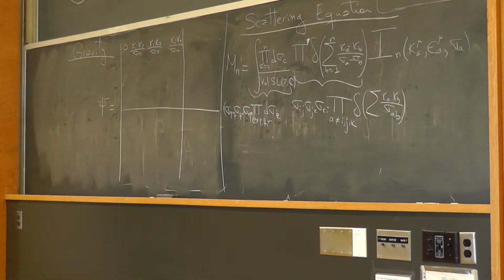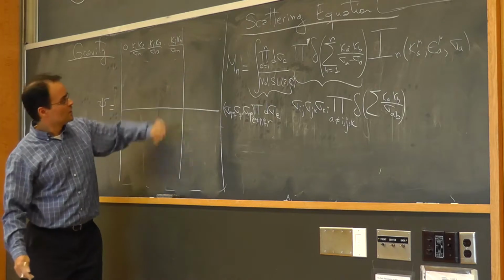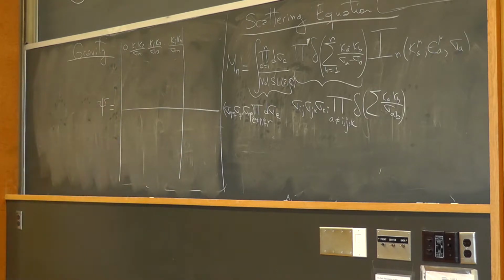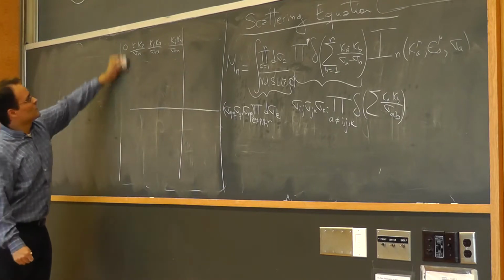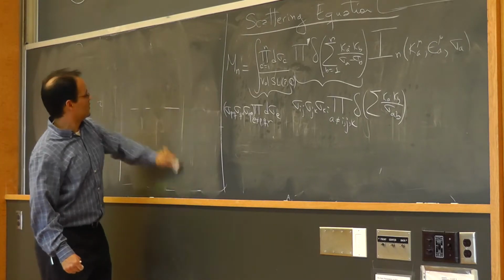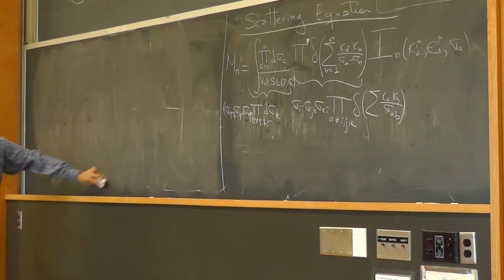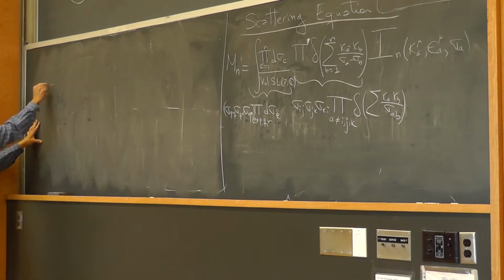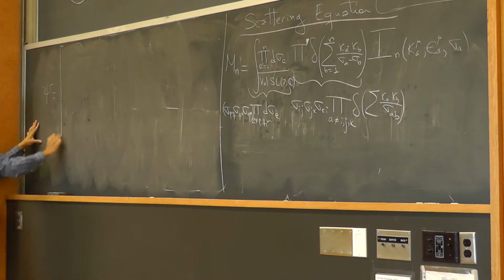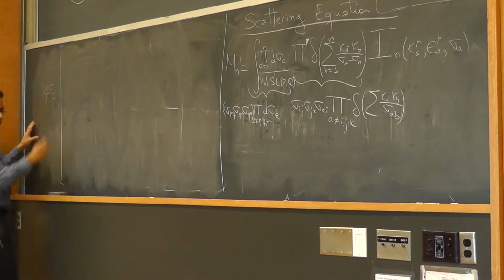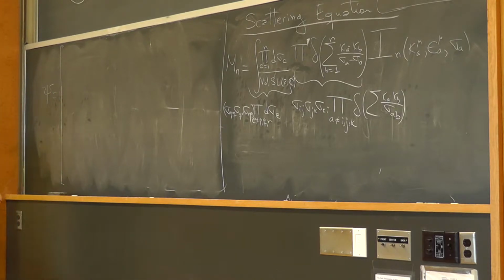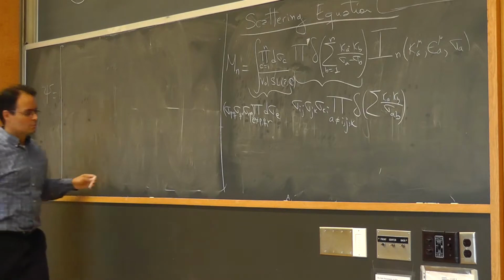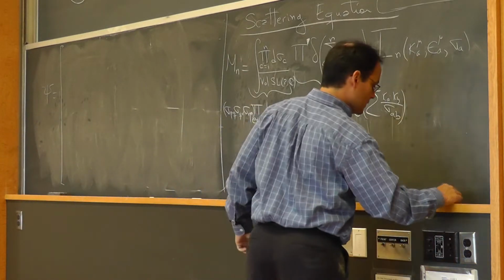Oh, this is terrible because it's supposed to be 4 blocks, and they are all supposed to have the same size. So I'm going to be in trouble there. So I better move my matrix here. Now I have space. Sorry.